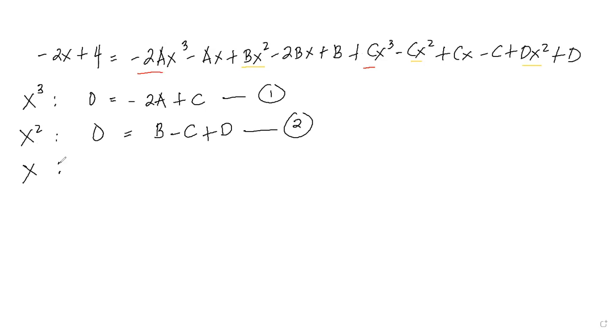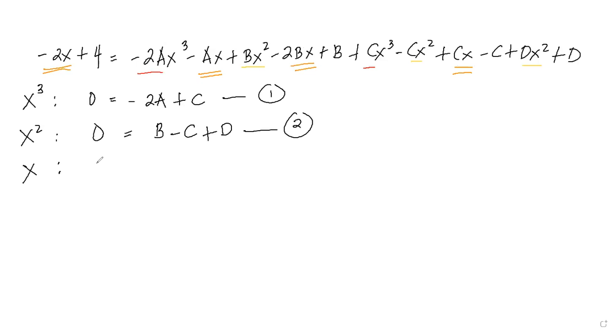So let's equate x. Now in here you already have negative 2x. So let's see. So you have this as for the x. Where's the other x? This one. So this is x. This is also x. This is also x. So we will equate x's or terms which have the x's.